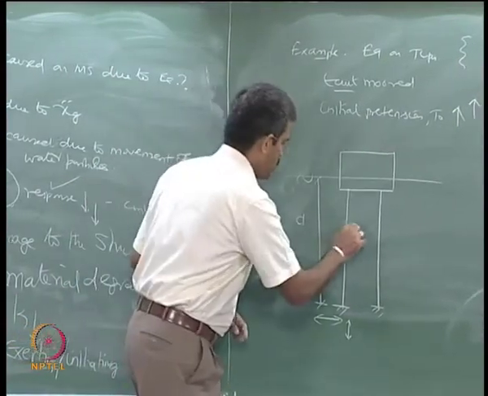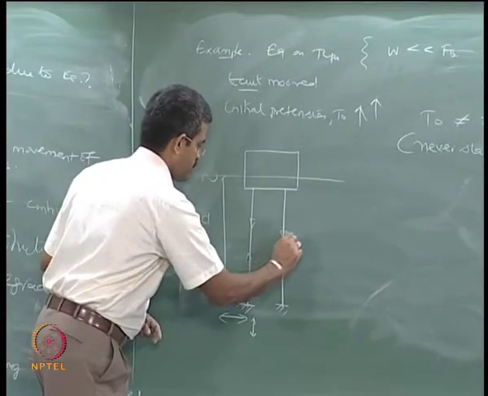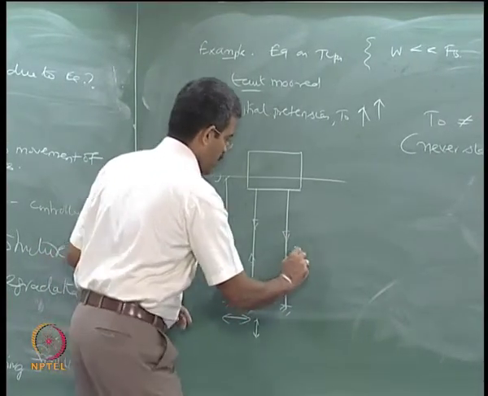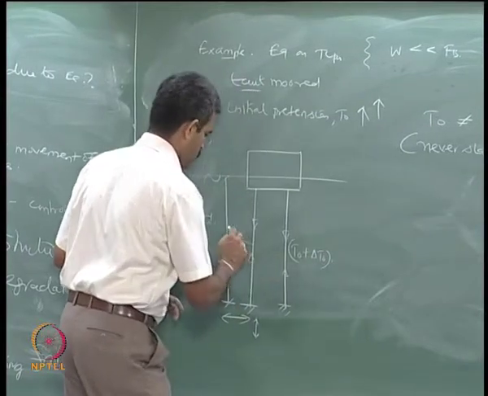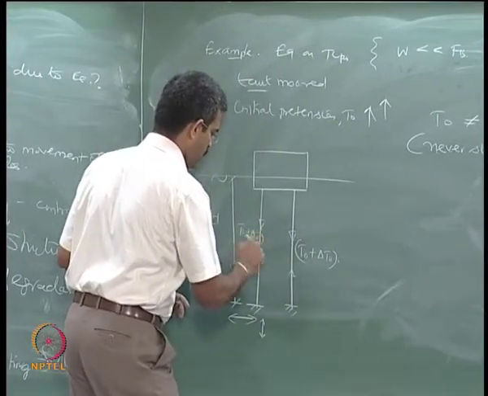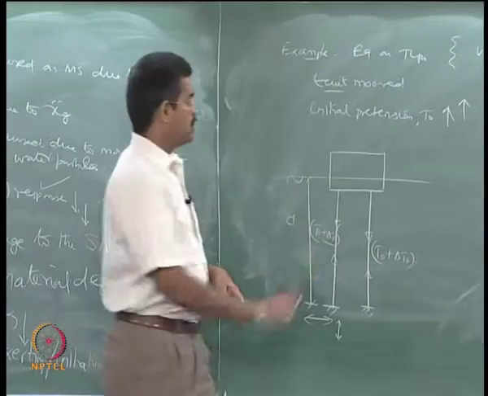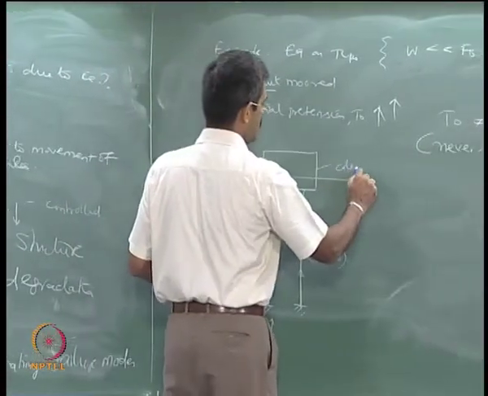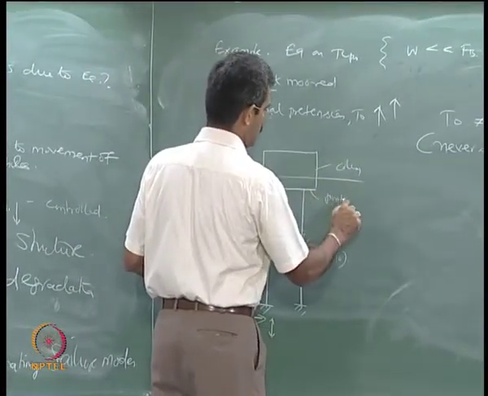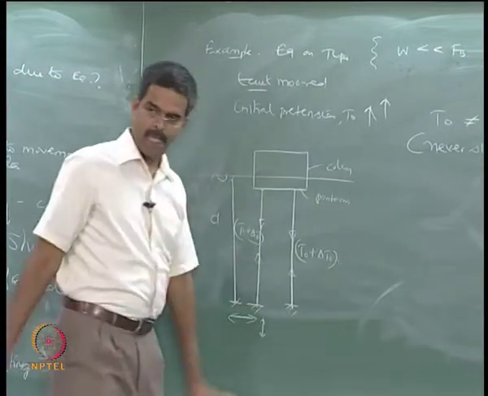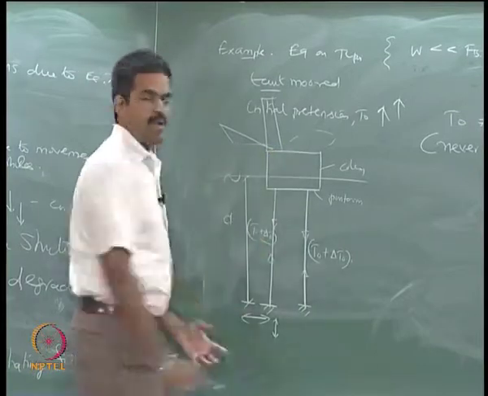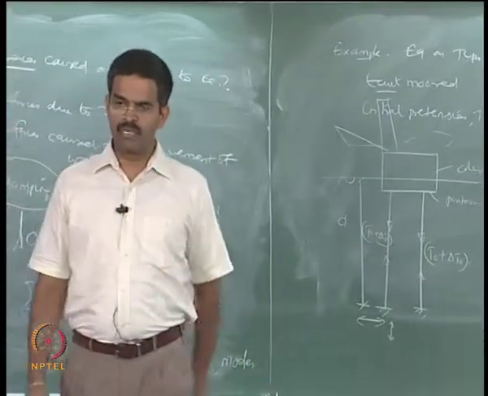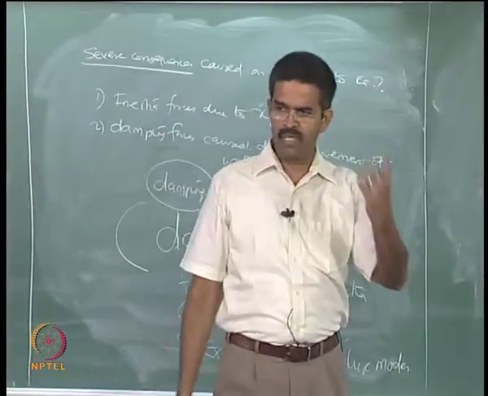Of course these are in tension. I should say this is T naught plus delta T naught, and this is also T naught plus delta T naught. Of course these are all column members, these are all pontoons, we already know them. And of course you have all the topside details, which are common for any production, drilling and operational platform in a marine system.